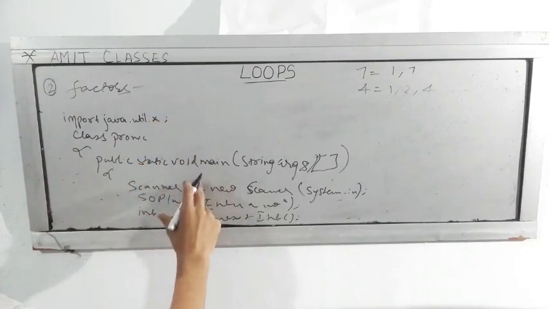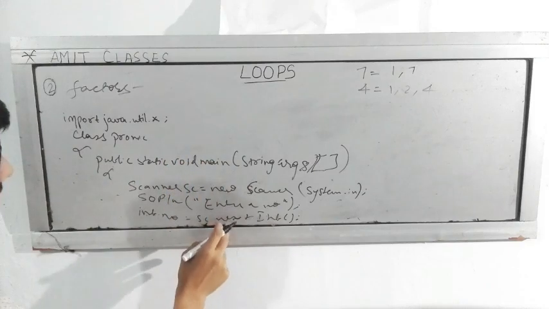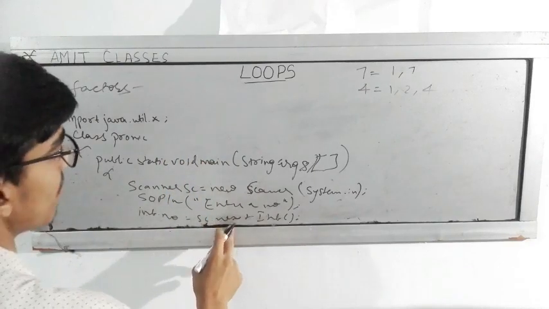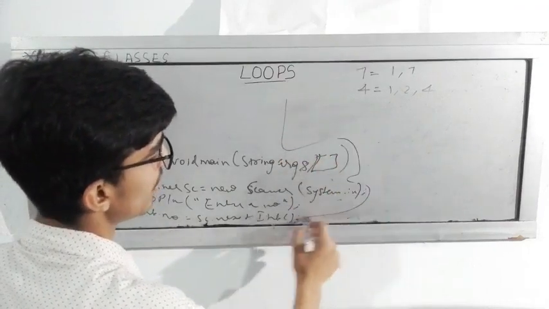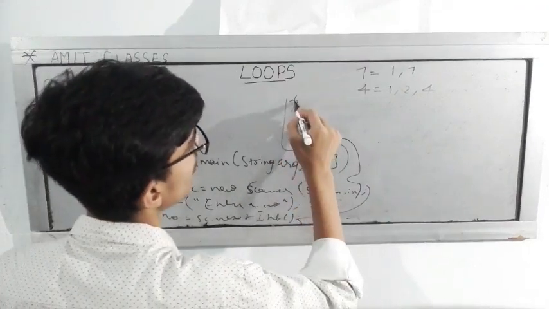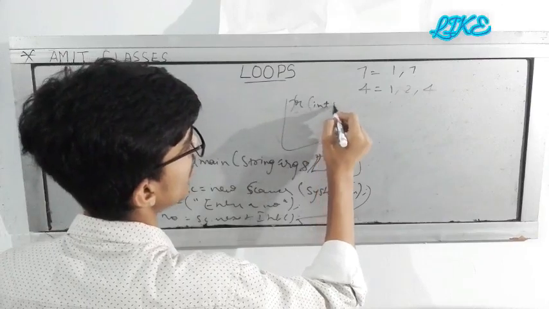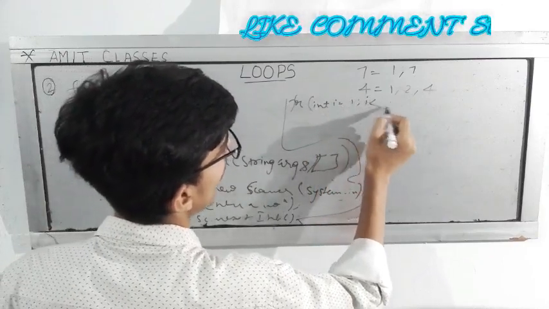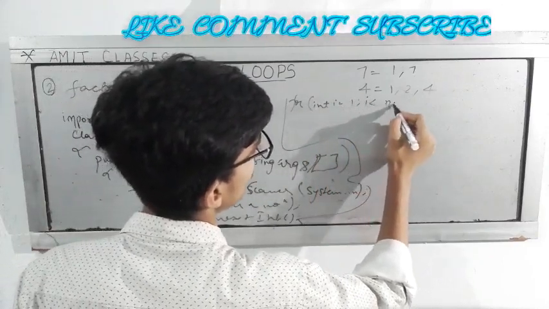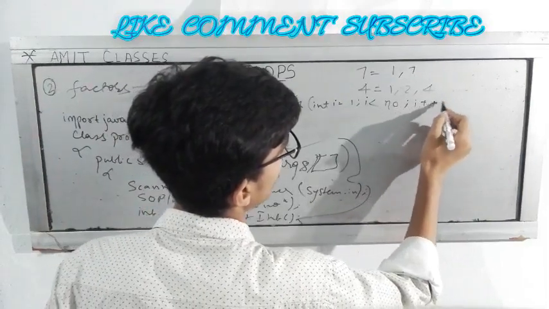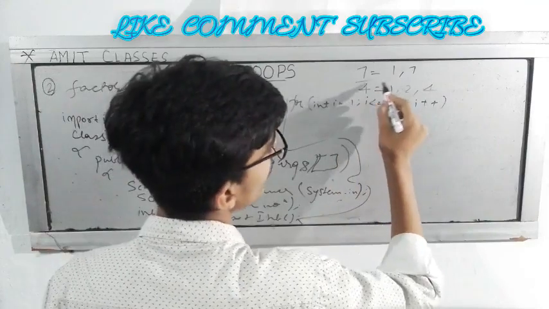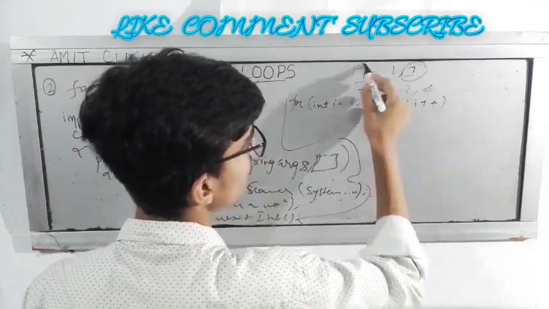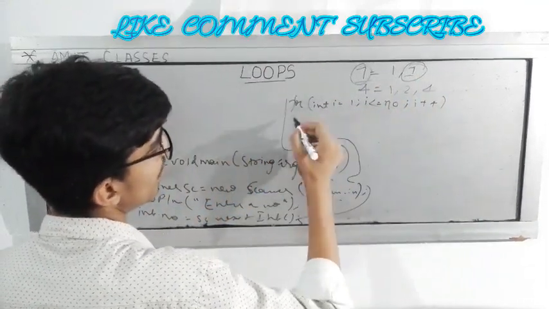Till here it is clear that we have taken user input by taking a number. After this, what we'll do: for int i is equal to 1, i is less than or equal to number, i plus plus, because 7 is also a factor of itself, so here it will be equal to.